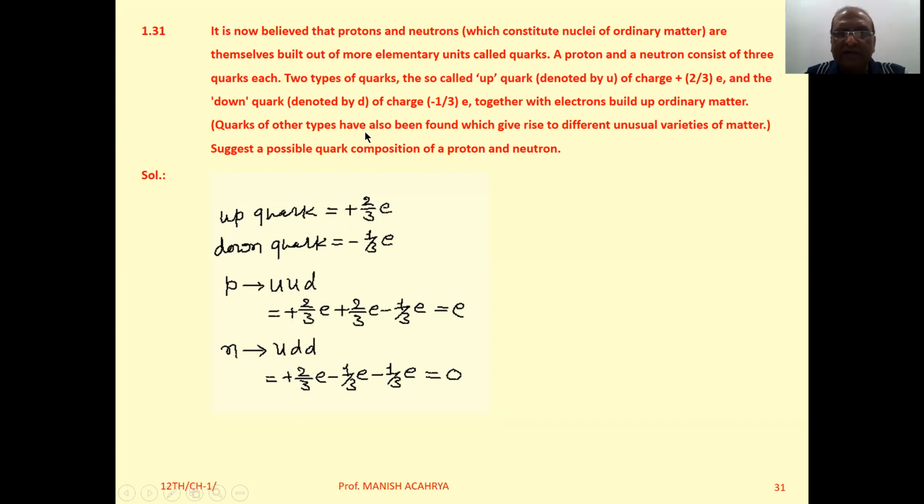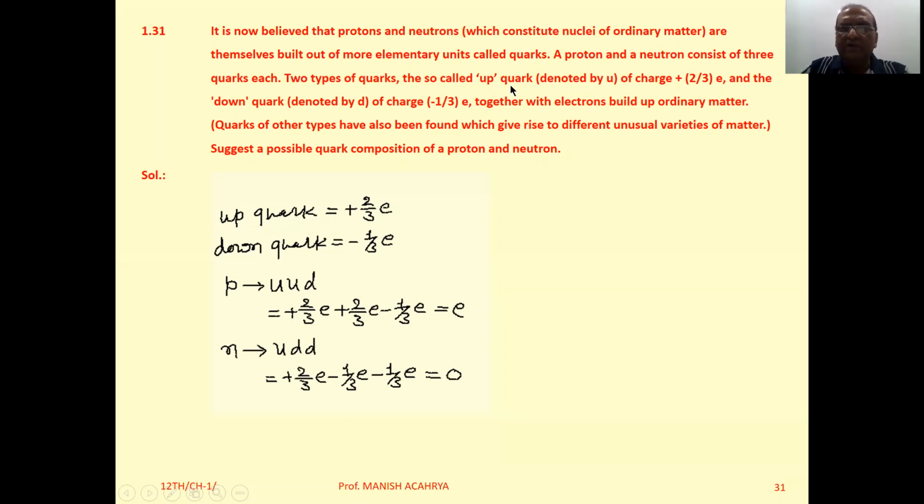Quarks of other types have also been found, which give rise to different unusual varieties of matter. Suggest a possible quark composition of a proton and neutron.